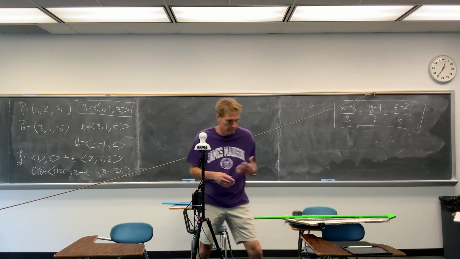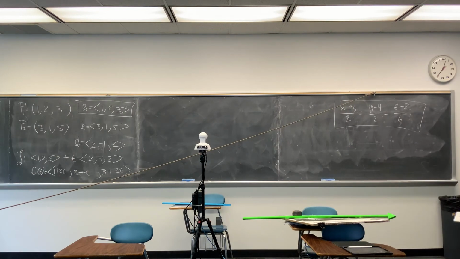So go plot another vector. I'll come back here and do the same thing. Plot another vector, but down here in the initial point I'm putting the butt 1, 2, 3, and then I'm plotting my direction vector there.